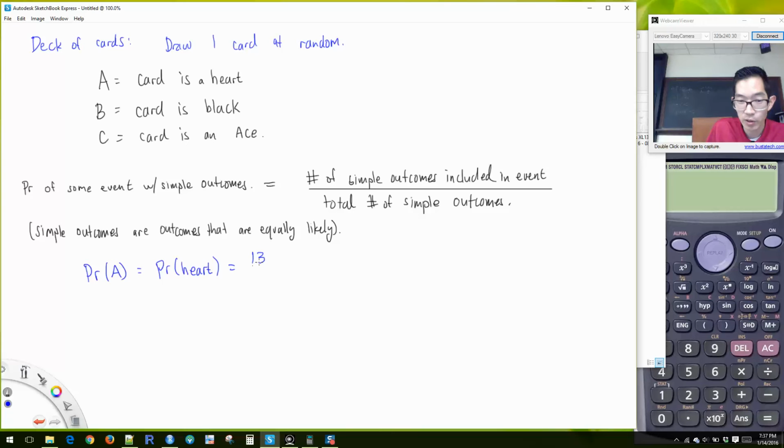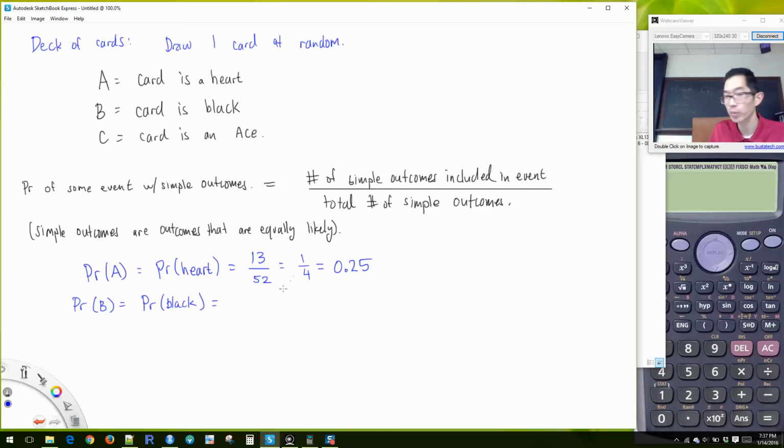Yeah, so it'd be 13 out of 52. 13 cards are hearts, 52 cards in the deck total, and this is 1/4 or 0.25. The probability of B would be the probability that a card is black.